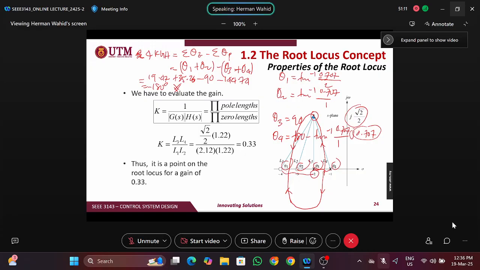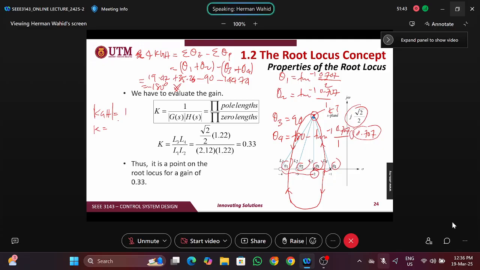Okay, once we get that it is fulfilling the angle criteria, we can proceed with another criteria, which is the magnitude criteria. From the magnitude criteria, we have KGH is equal to 1. So we can actually calculate the value of K. What is the K at this point?